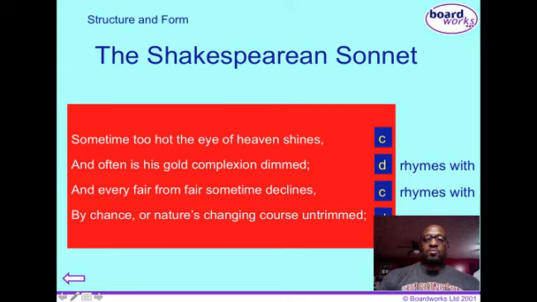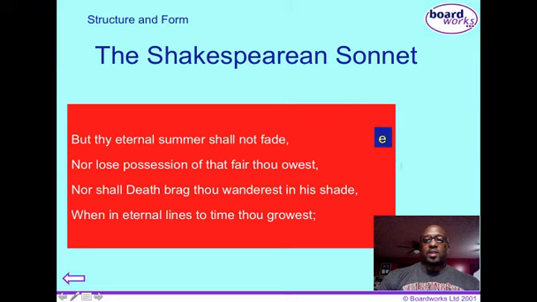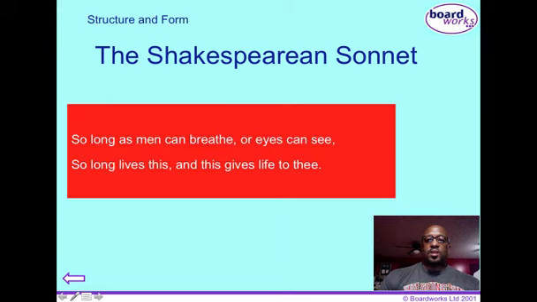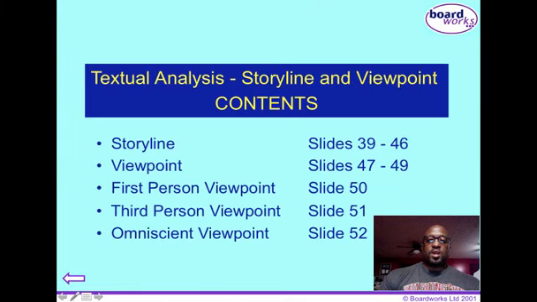So every other line rhymes with each other until we get down to the last lines. So you can see the pattern still continues. E F, E F. And then you have your couplet at the end, which is G, G. And those two rhyme together.